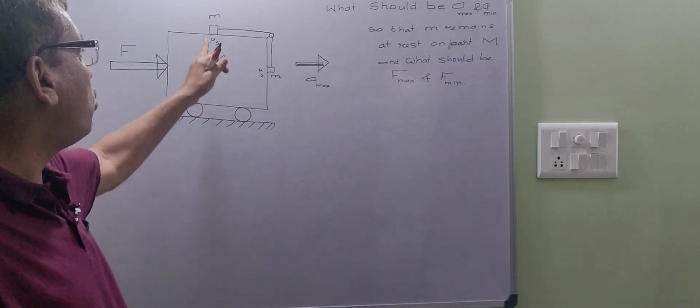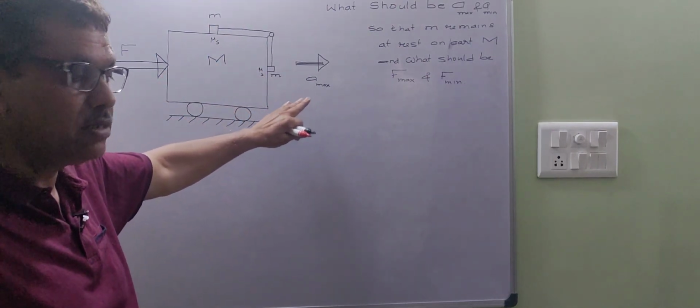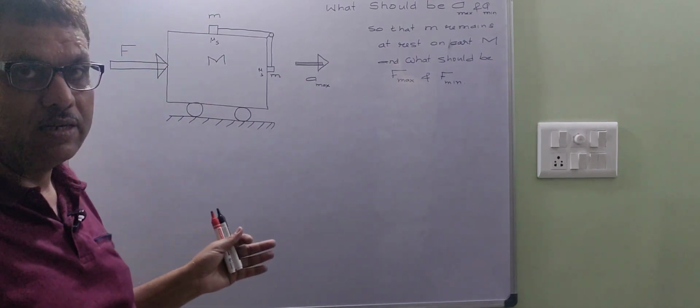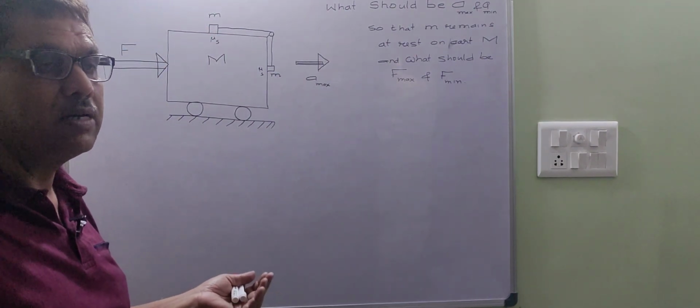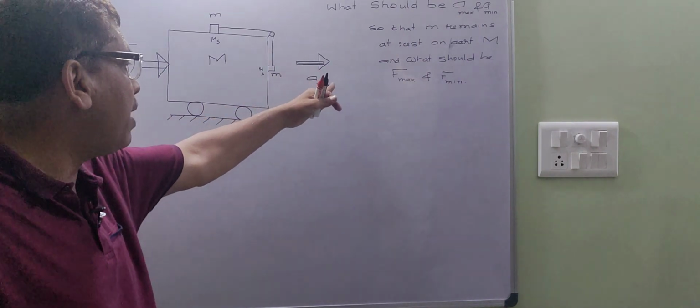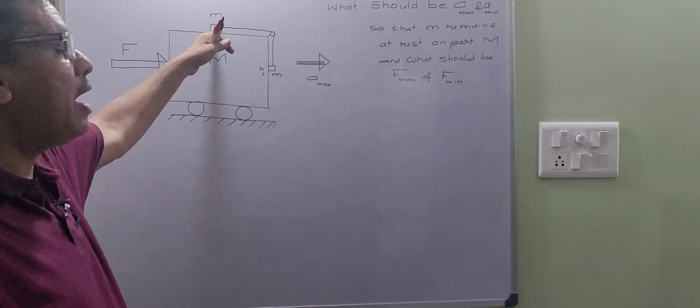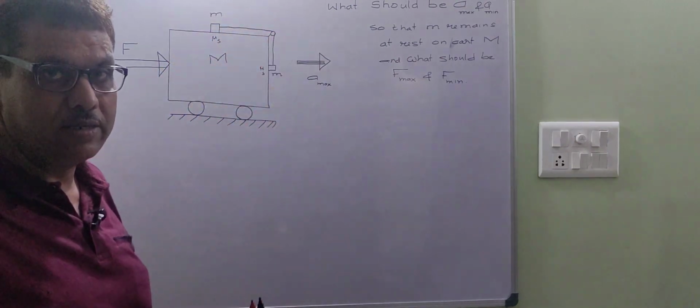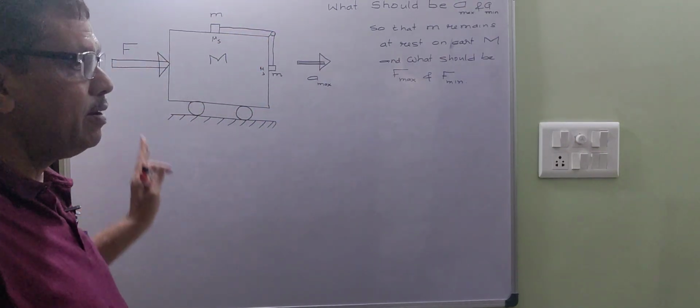So the block is at rest at maximum acceleration, but it has tendency to move in leftward direction. Now at minimum acceleration this block will remain at rest, but it will have tendency to move in rightward direction, and the friction force will act in leftward direction.